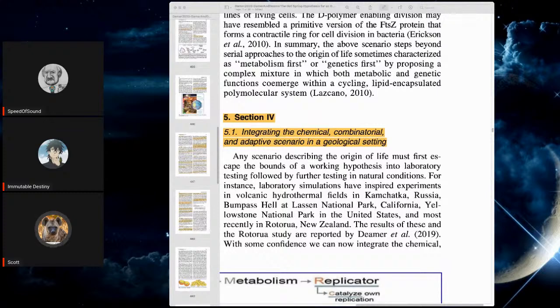Okay, so: integrating the chemical, combinatorial, and adaptive scenario in a geological setting. Any scenario describing the origin of life must first escape the bounds of a working hypothesis into laboratory testing, followed by further testing in natural conditions.